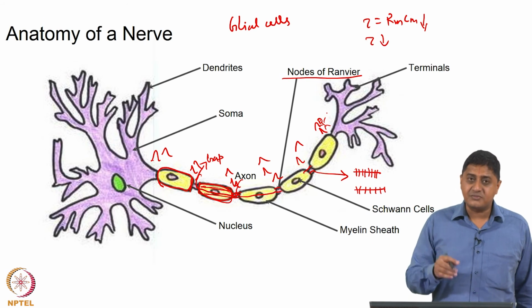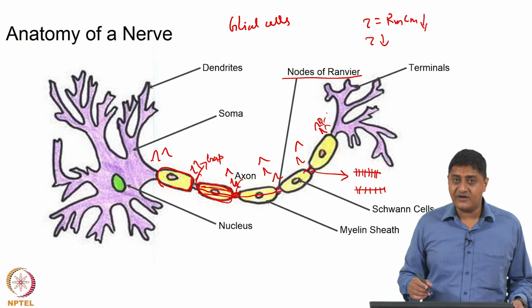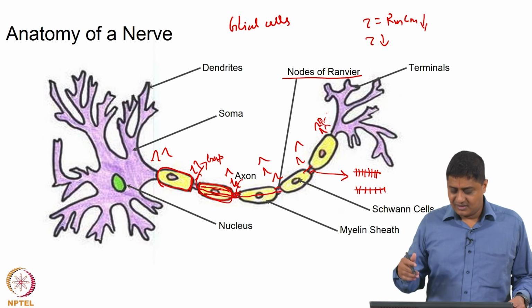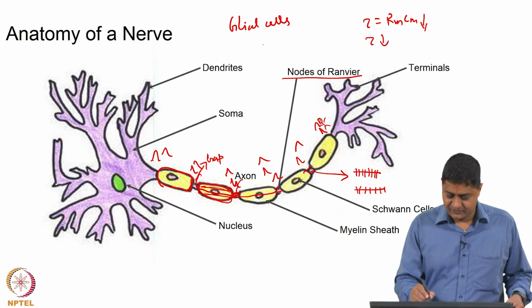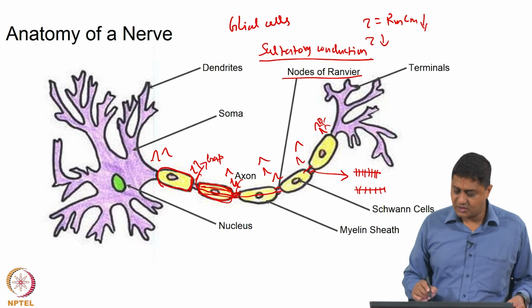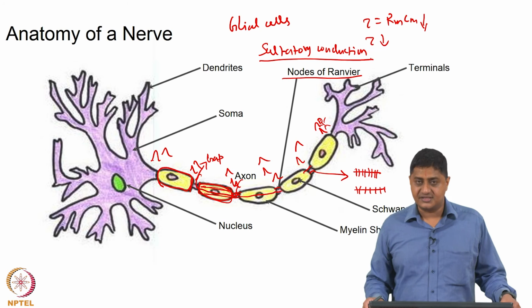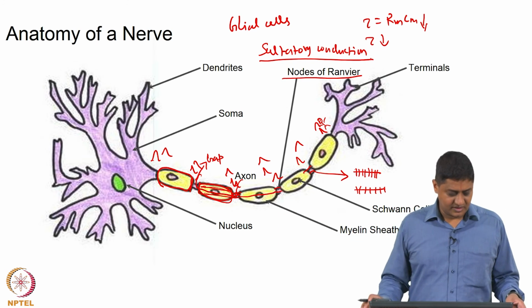Actually it is not the action potential that is jumping, right. This situation, where there is an appearance of conduction as if it is jumping, is called saltatory conduction. Salt or saltatory has its roots in dance, as in jumping conduction.